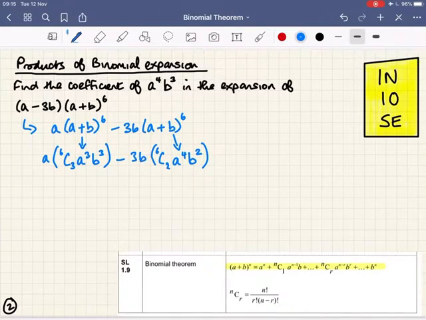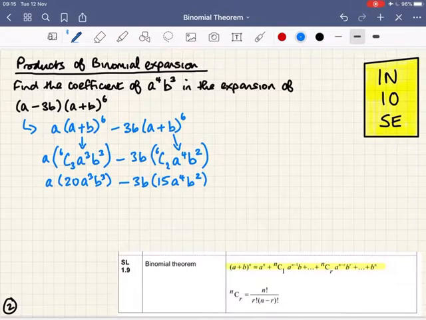So if I just do the maths now, that's inside there. 6c3 is 20, a cubed, b cubed, minus 3b times 6c2 is 15, a to the 4b squared.